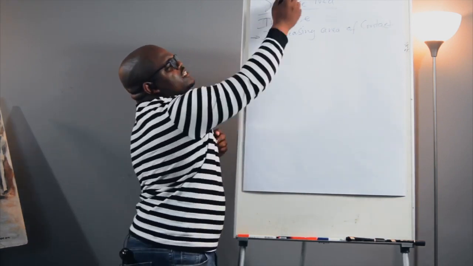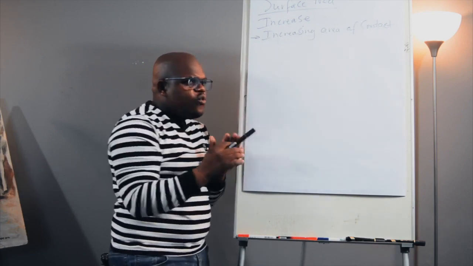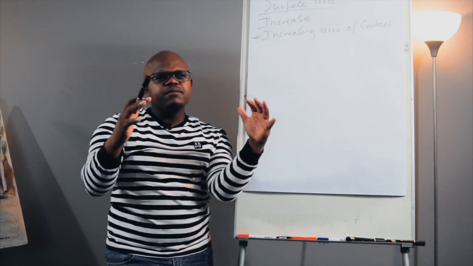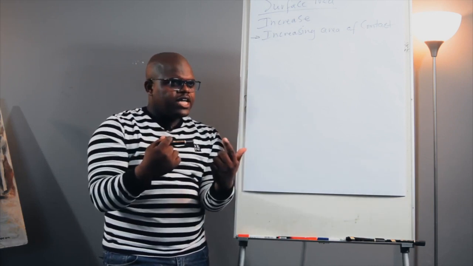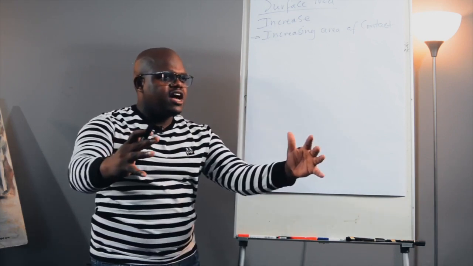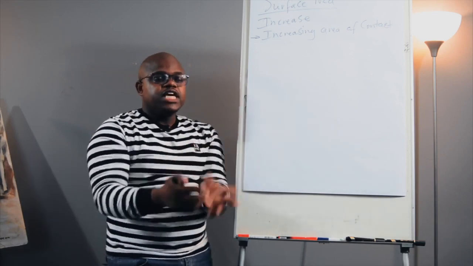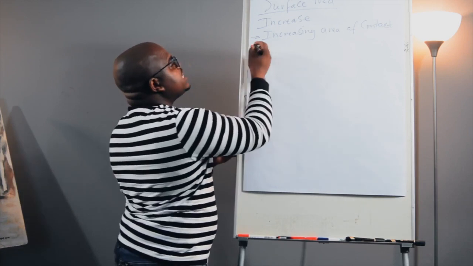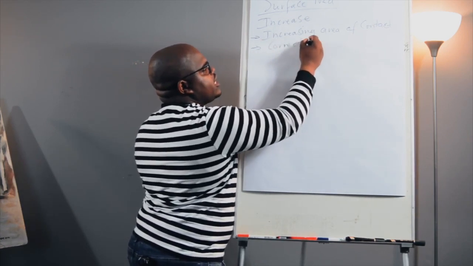When we increase the surface area, we are increasing the area of contact. We are giving them more space to collide effectively. So when we increase the surface area, we are increasing the space for them to collide effectively. If they collide effectively, that means there will be correct orientation.